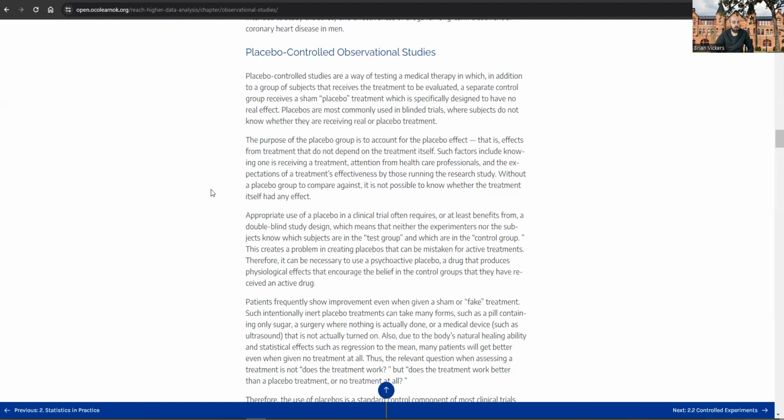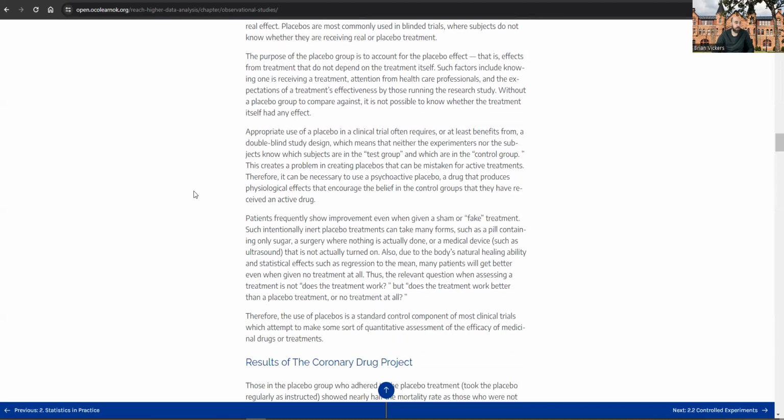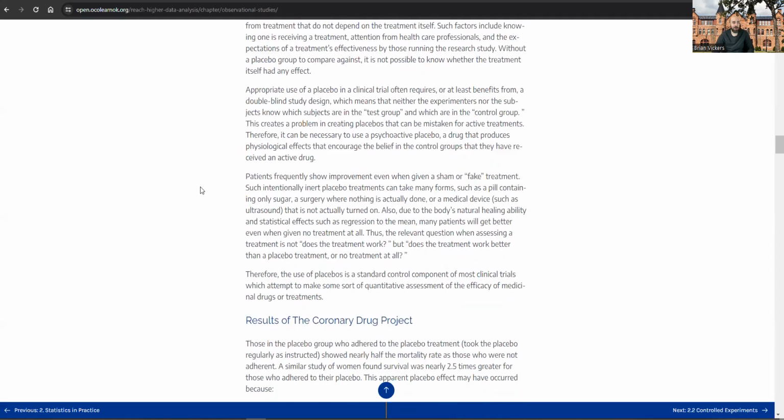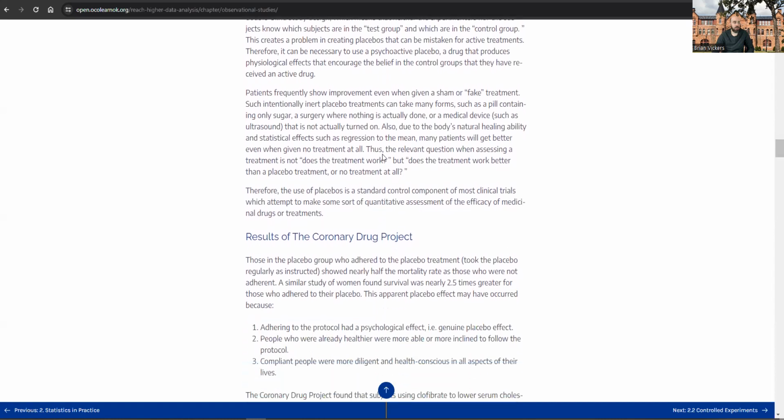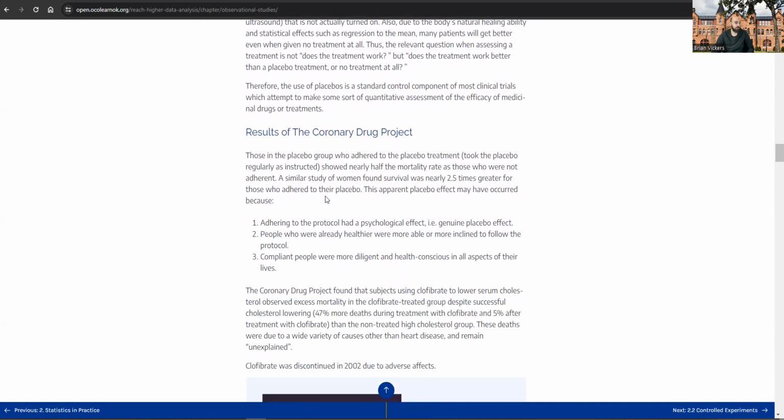So the use of a placebo helps to control for that. It helps to give you a better likelihood of success. So you're not asking, does the treatment work, but does treatment work better than placebo, or no treatment at all? So is there improvement versus doing nothing? And that's the result you're looking for in that kind of test.